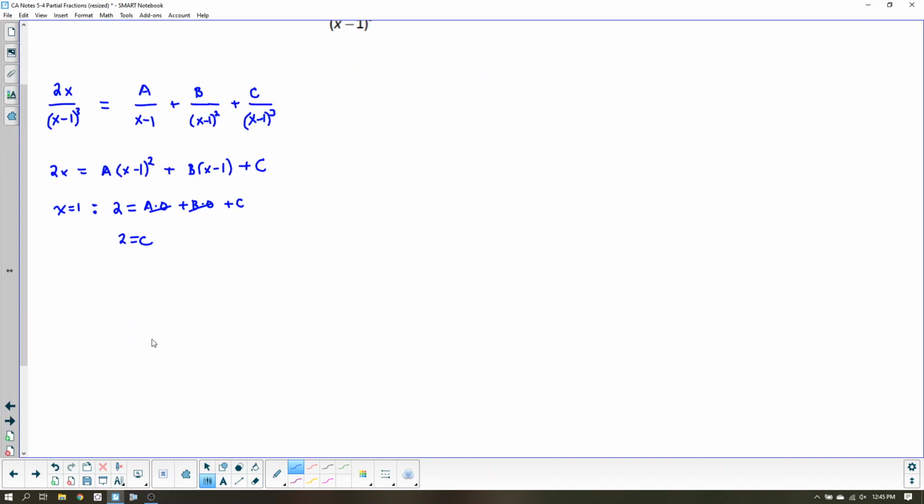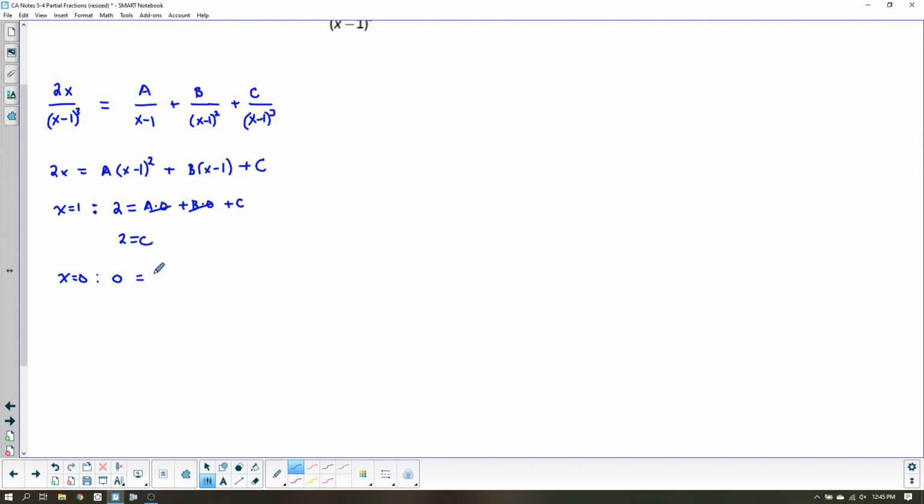Now for the other ones, we don't have any good choices, so we're just going to have to pick another number. So let's pick something that's at least easy to evaluate. So let's do x equals 0. All right, so if we plug in 0, left-hand side, plugging into this one, we get 0.